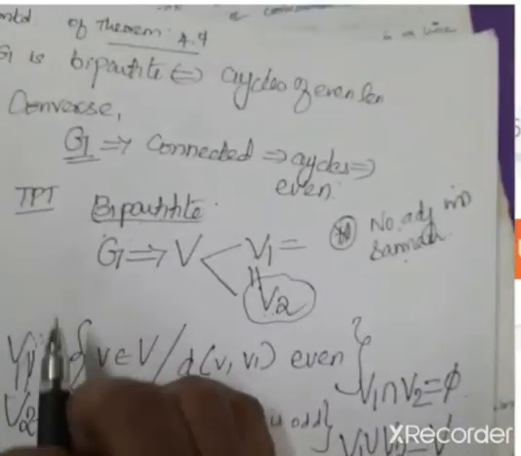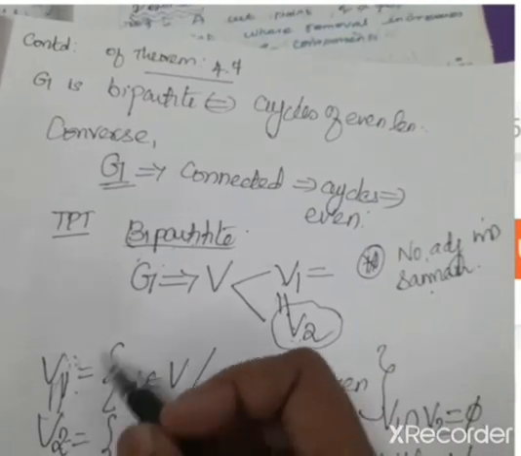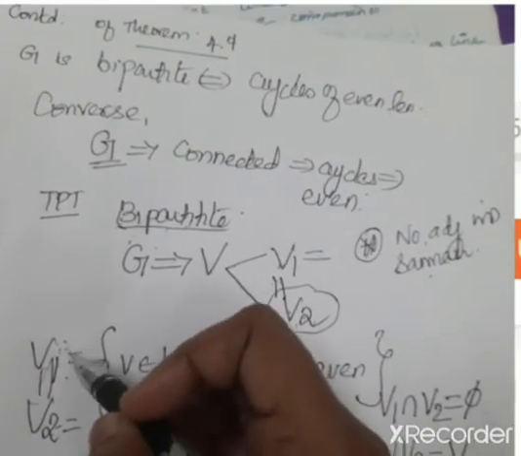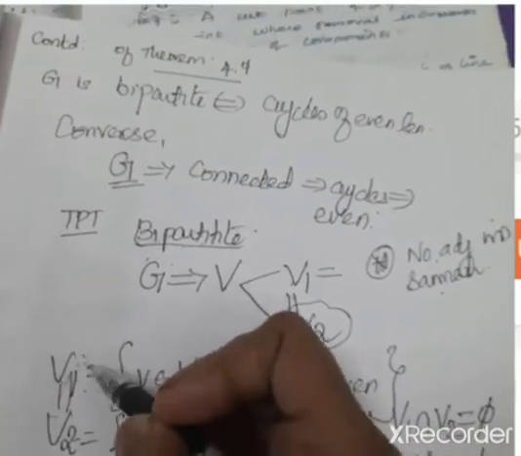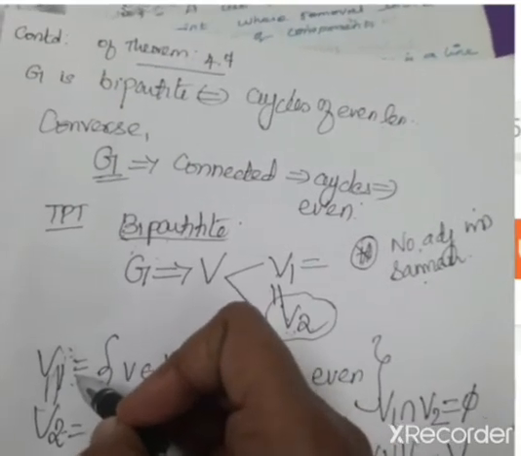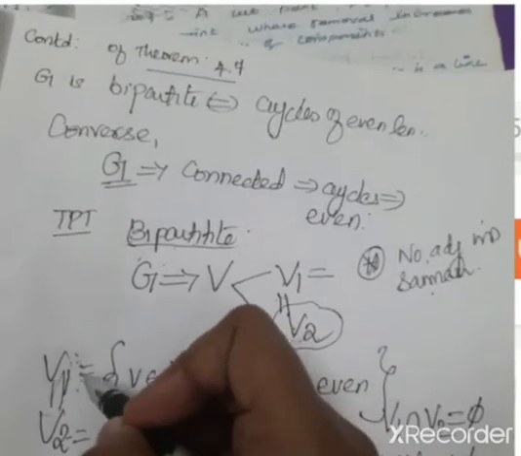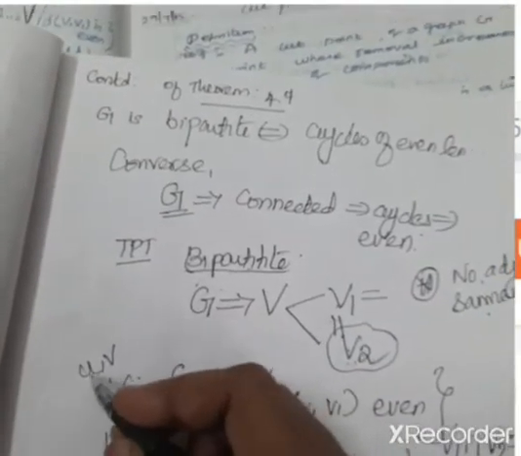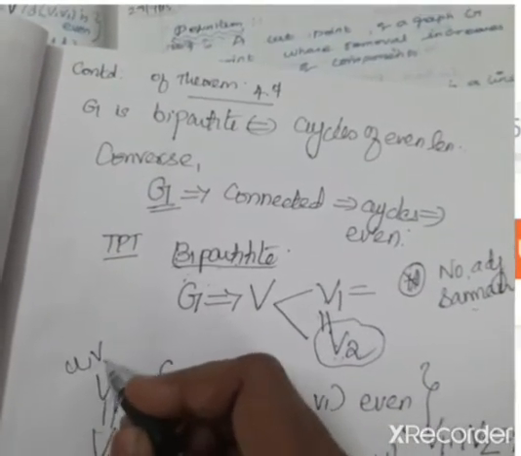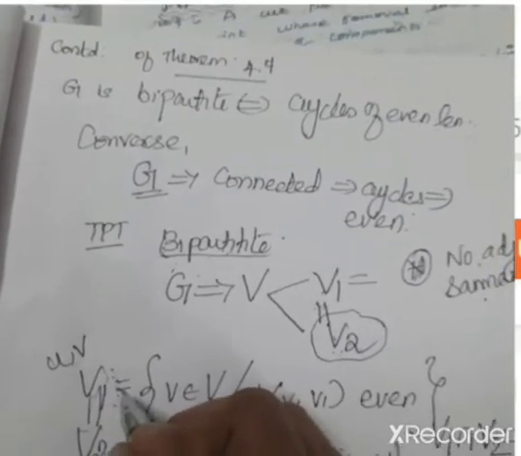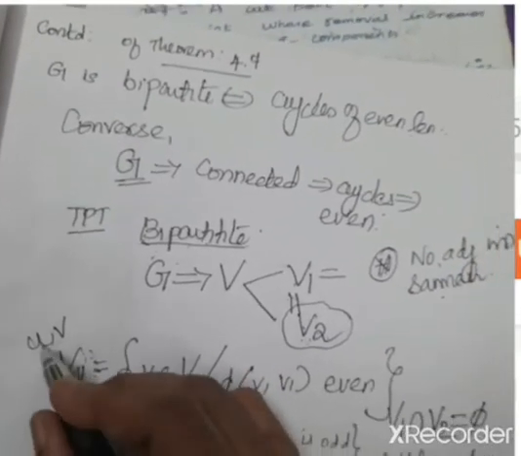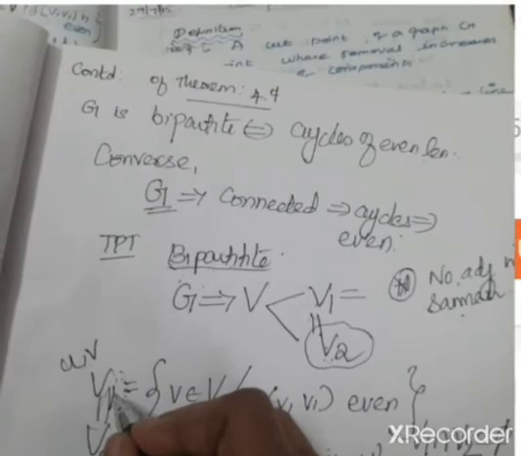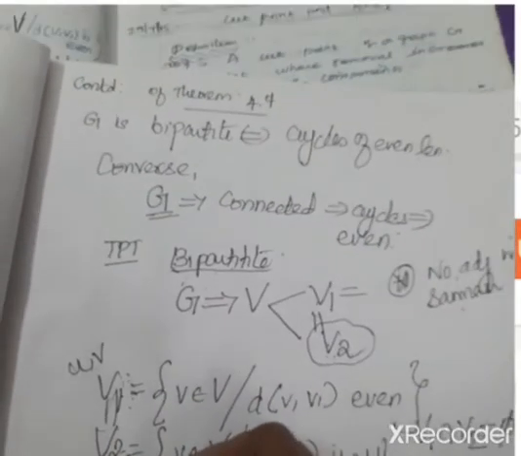Whatever assumption I make, it is enough if I do it for one subset. So let us assume that there are two vertices, say U comma V, which are adjacent to each other in the vertex set V1. The argument I follow for V1 will at the end be true for V2 also.